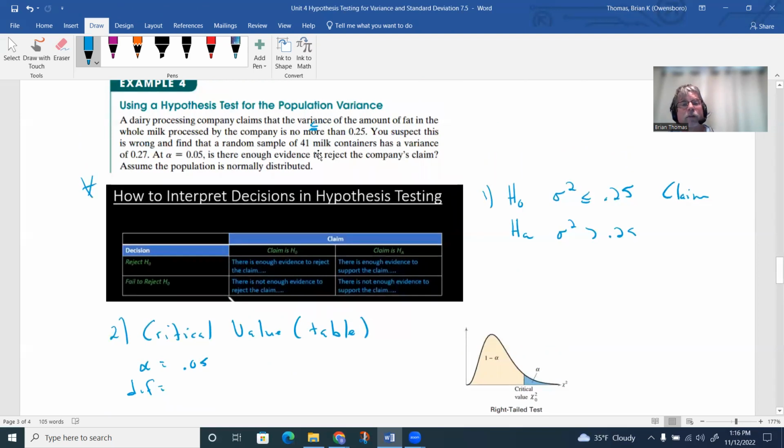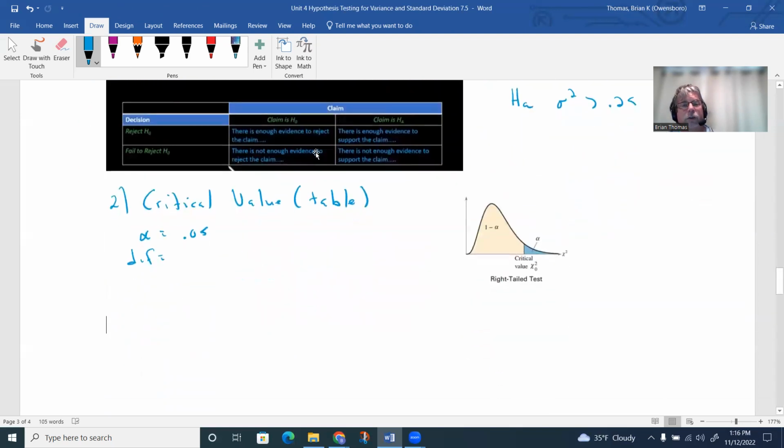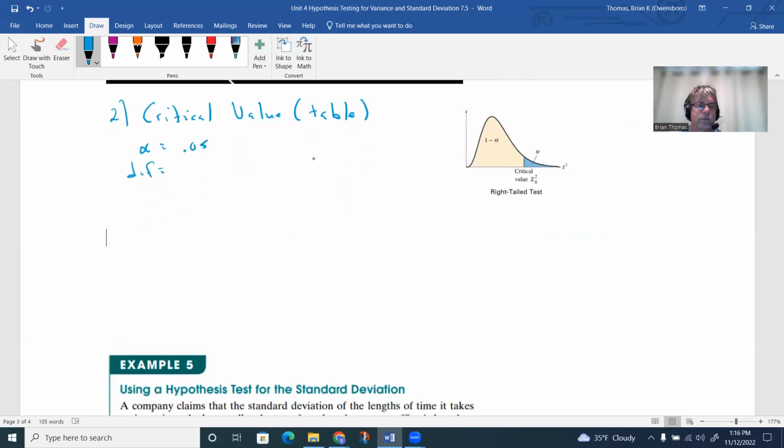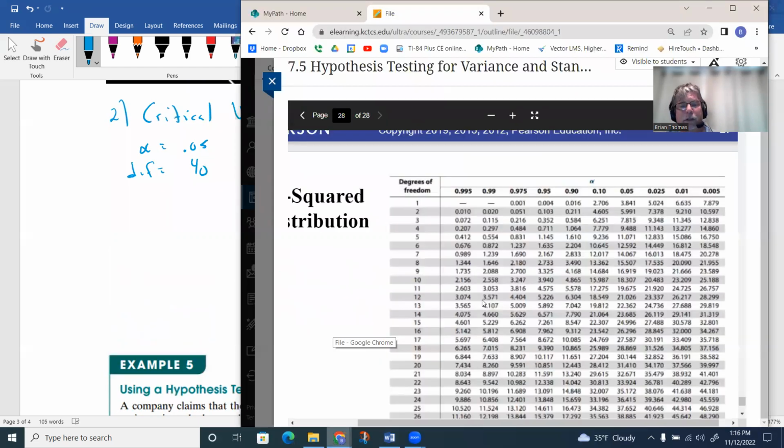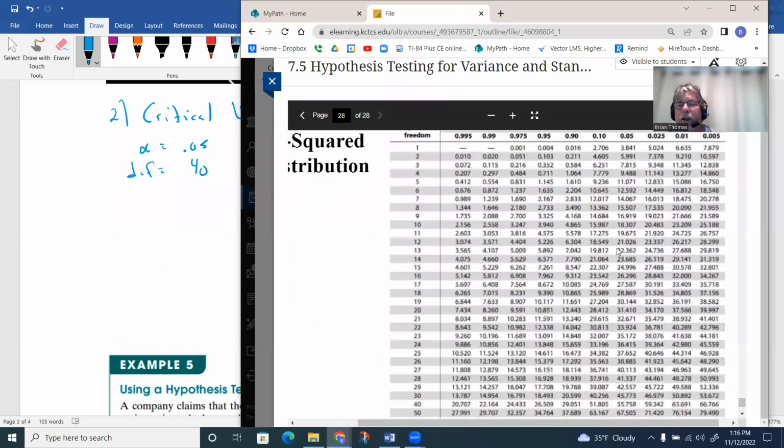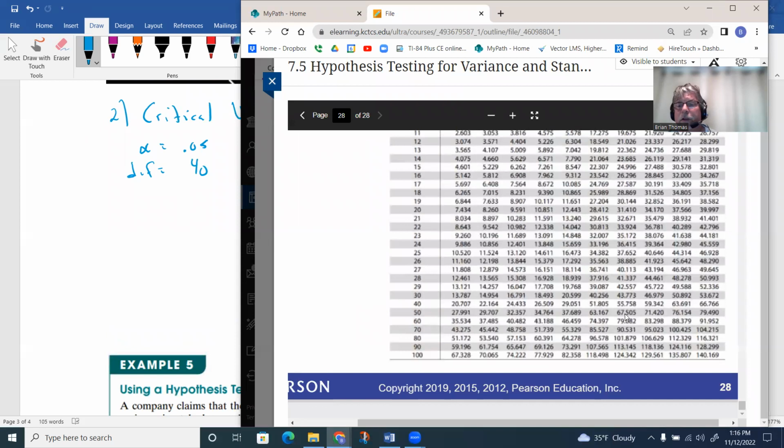They did a random sample of 41 milk containers, so our degrees of freedom is going to be 40. If we go to our table, we need 0.05 and 40. So we end up with 55.758.